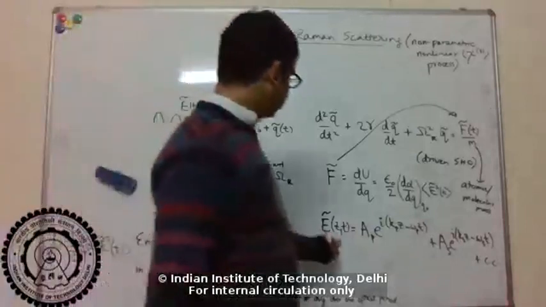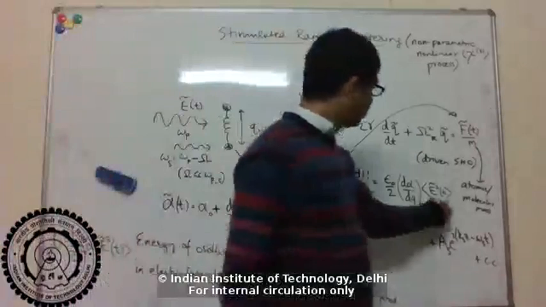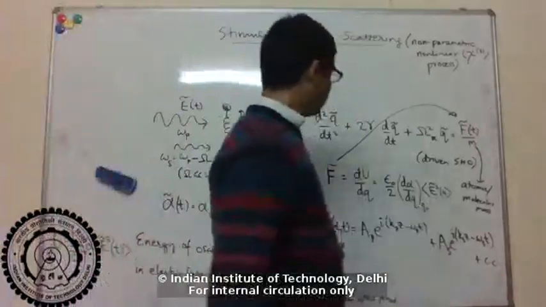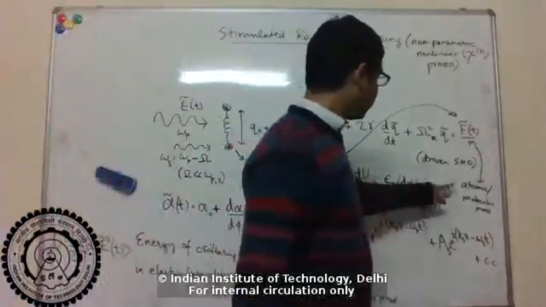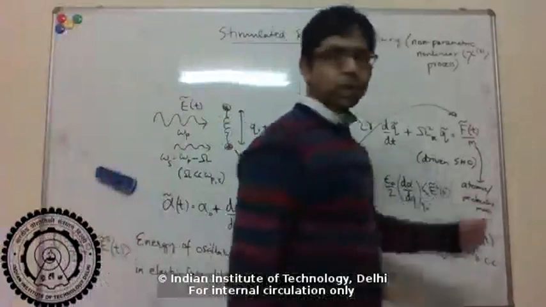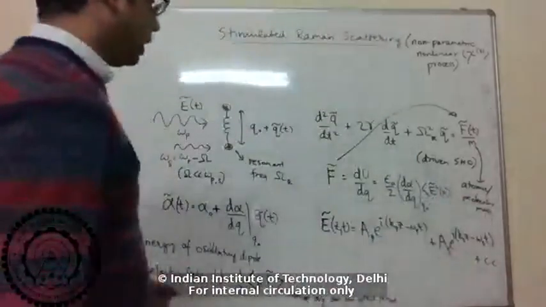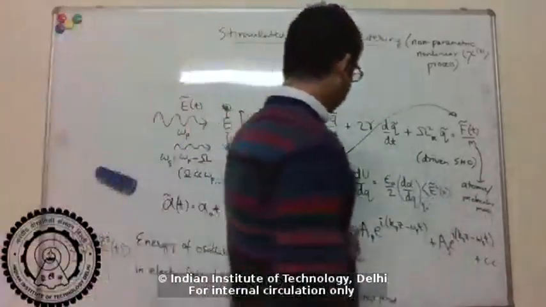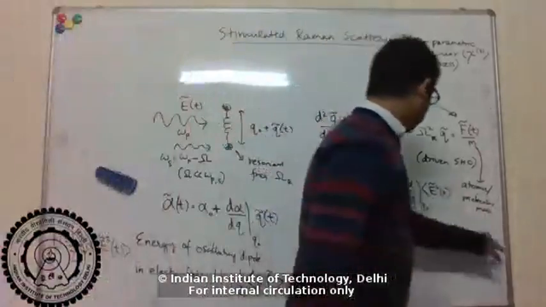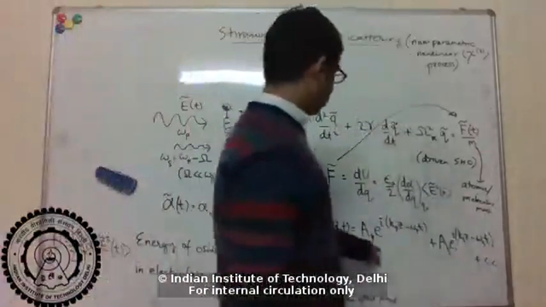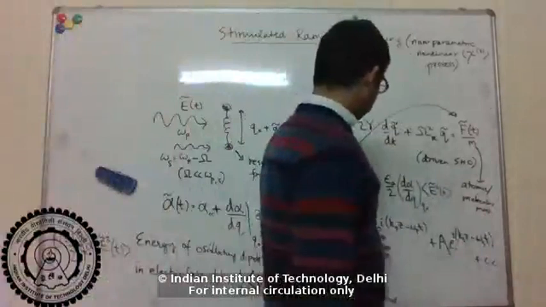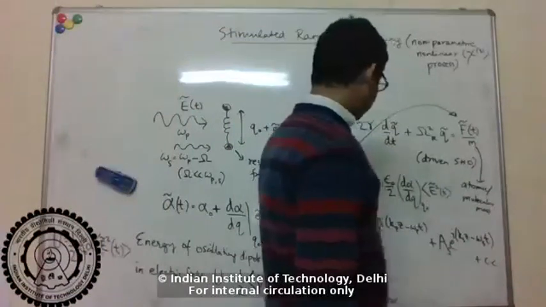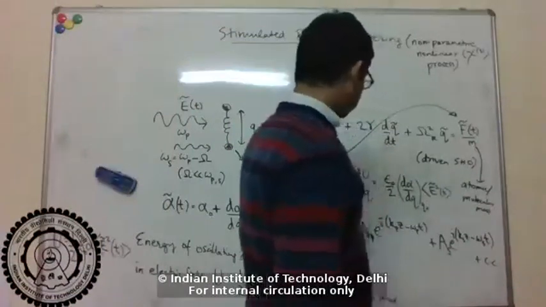Okay, so then if we put this expression for the electric field into E square here, we need to find the average of E square over one optical cycle. So what terms will we have?